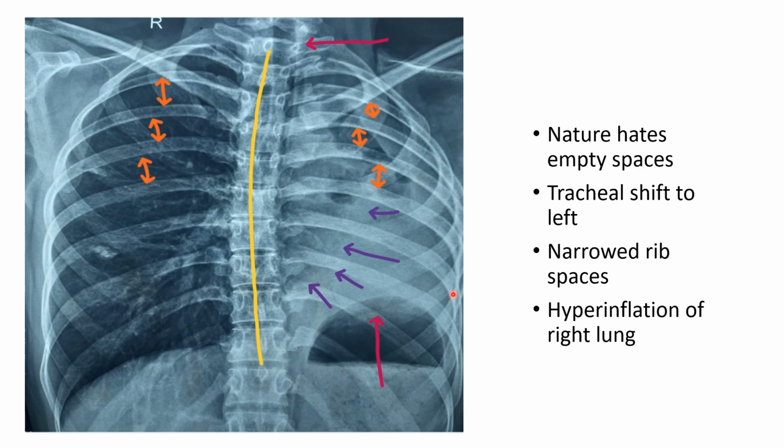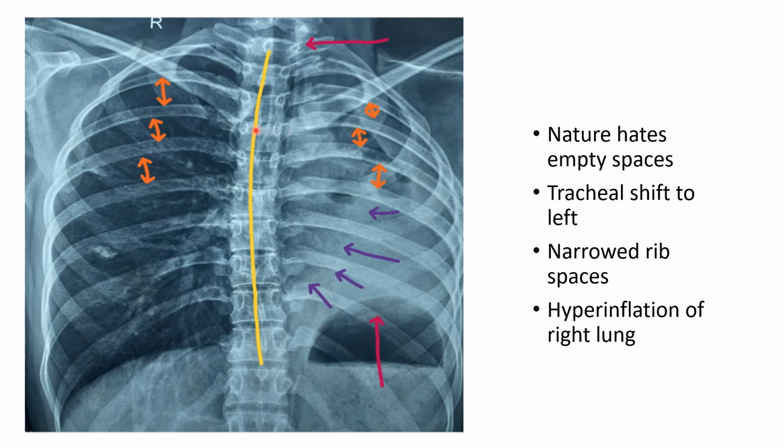And similarly here you have this left hemithorax where this lung abnormally has a reduction in volume or is almost destroyed. So everything around this left hemithorax is trying to enter into that. We found that the trachea is entering into this space. There is a shift.